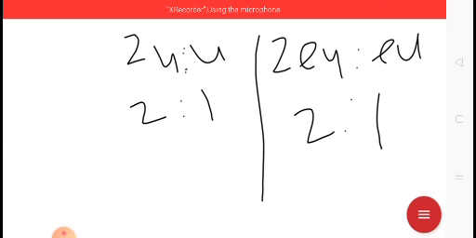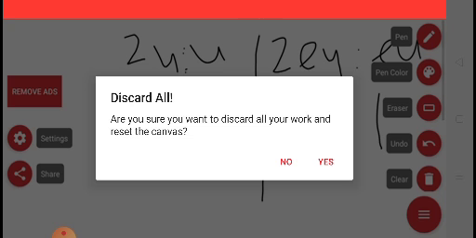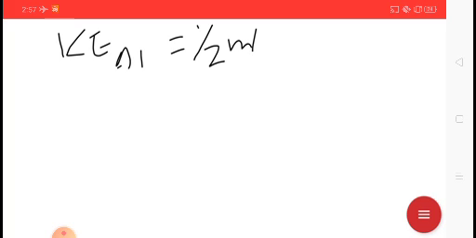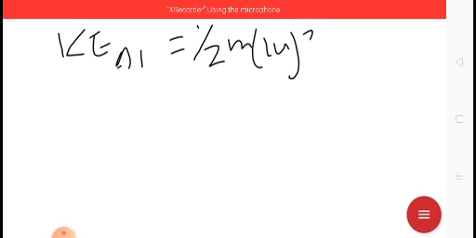Alright, so now we go to part 2. Find the loss of kinetic energy. KEA1, before collision, we have 1 over 2 times m times 2u squared, so you will have 2mu squared.